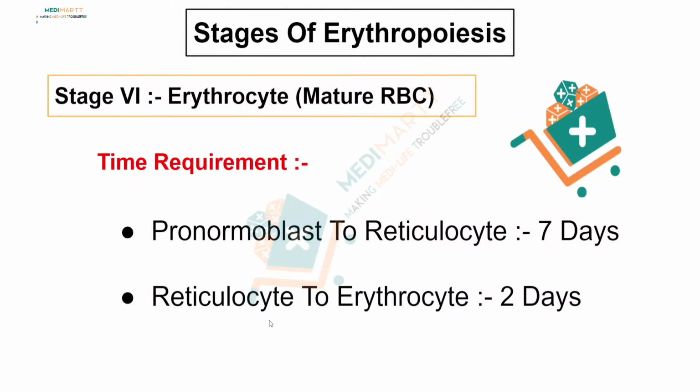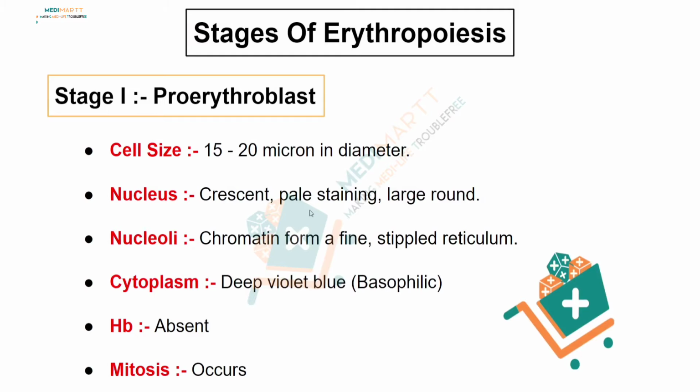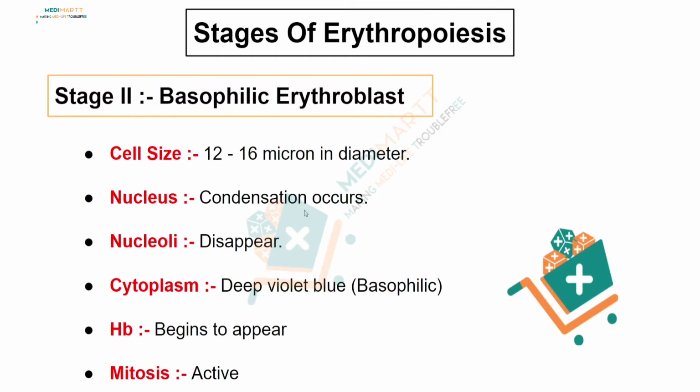Okay, moving on to stage 6, that is the erythrocyte, or the mature red blood cell. The time requirement is: pro-normoblast to reticulocyte is 7 days, and from reticulocyte to erythrocyte it is around 2 days. Pro-erythroblast and pro-normoblast are one and the same thing.